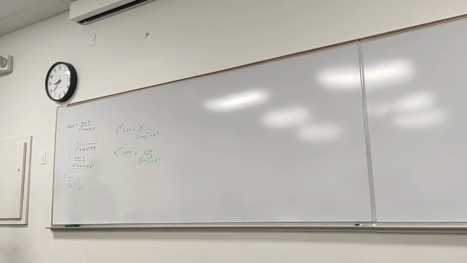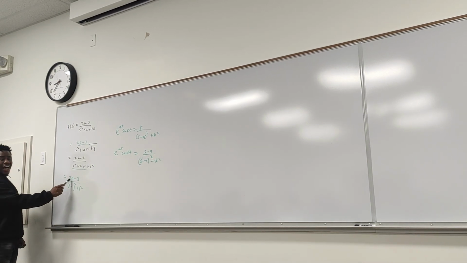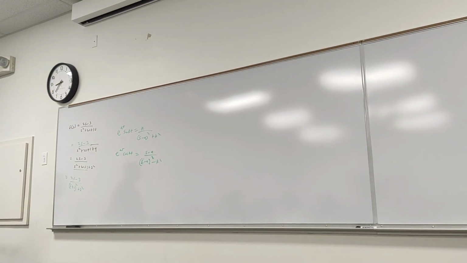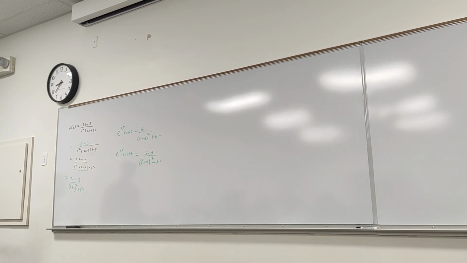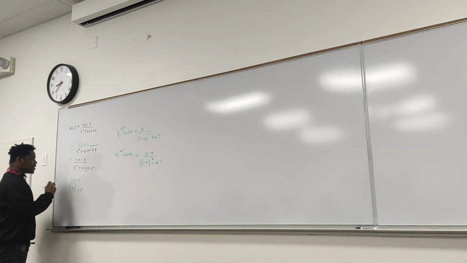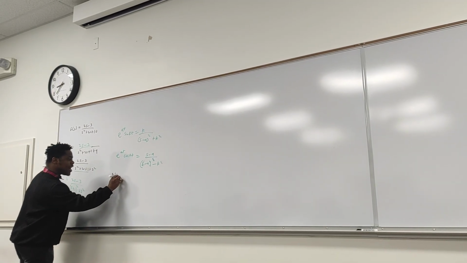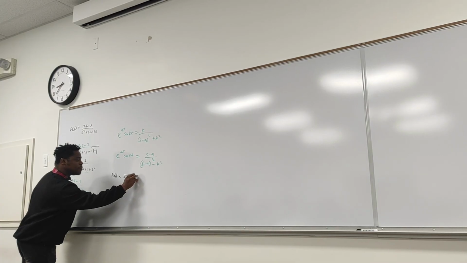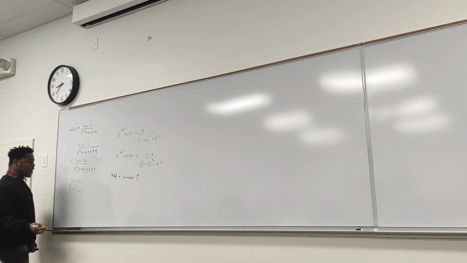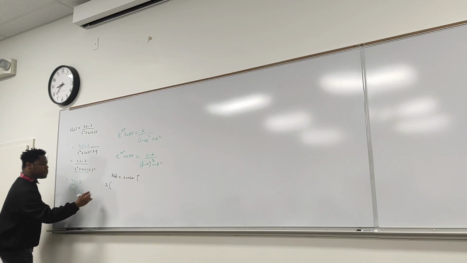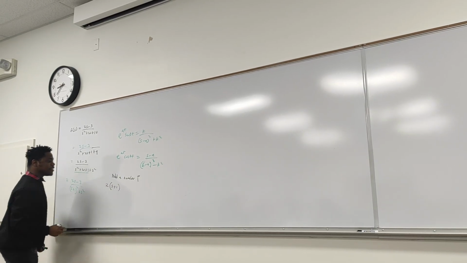So the question is, what do you need to do to this guy to be s + 1? I want to make this s + 1. So what do I need to do? I want to add a number to make it s + 1. So I can say 2 into bracket, instead of this s, I put s + 1, right?